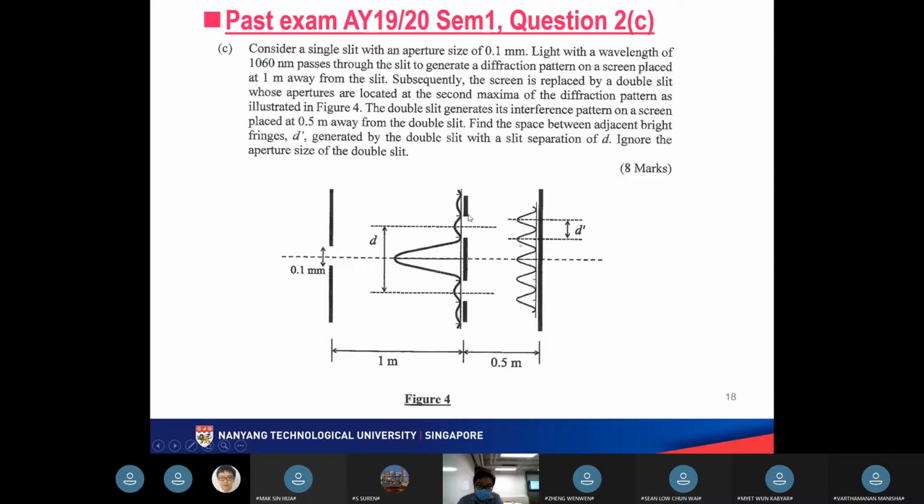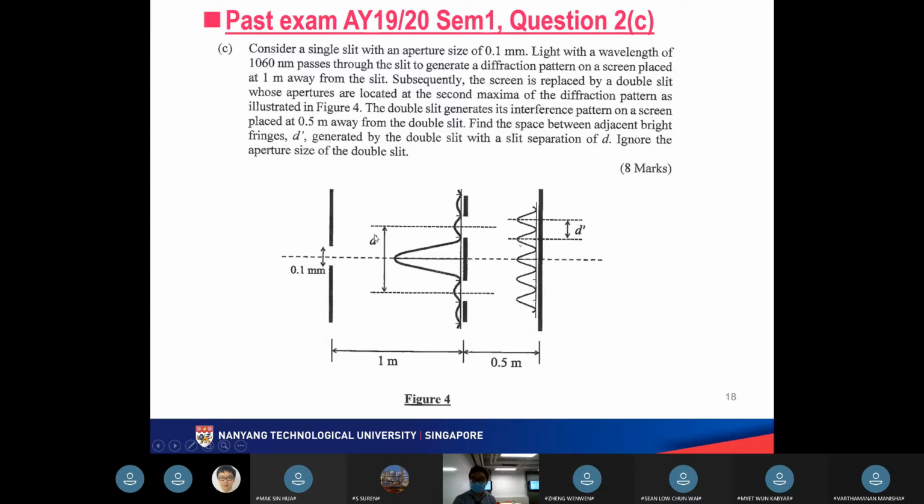Their locations are such that their two ends exactly overlap with the first and second dark fringe positions. The two slits are located at the bright fringes, so the light located here can pass through these two slits and form an interference pattern.